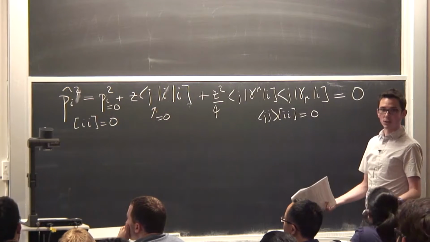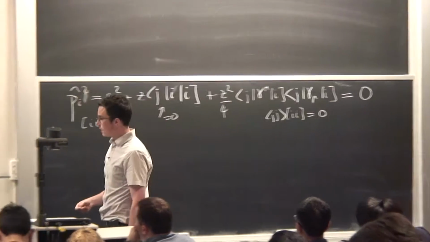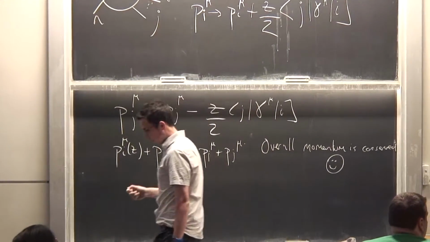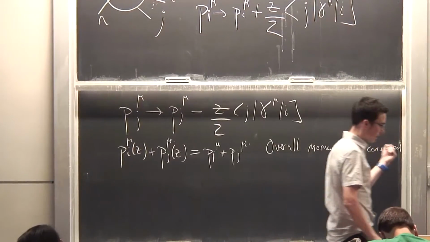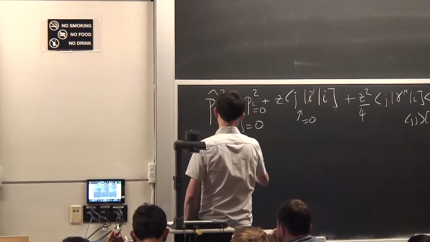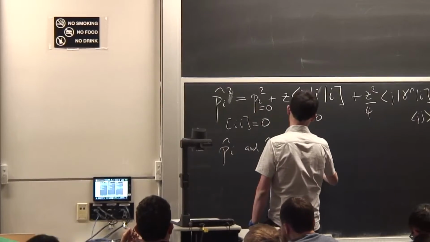So it behaves very much like a regular old physical amplitude. The major difference is that we've lost conjugation. So when I do a conjugation on this vector here, I don't get back something which makes it a real vector. So now this is a complex momentum. So p_i hat and p_j hat are complex vectors.